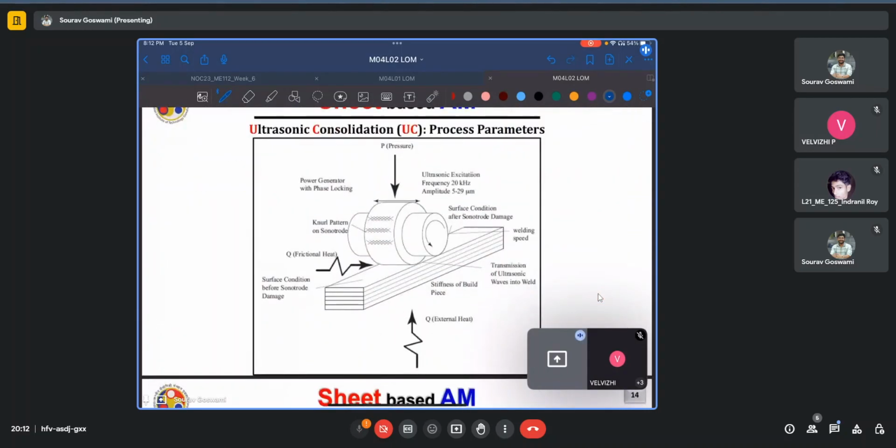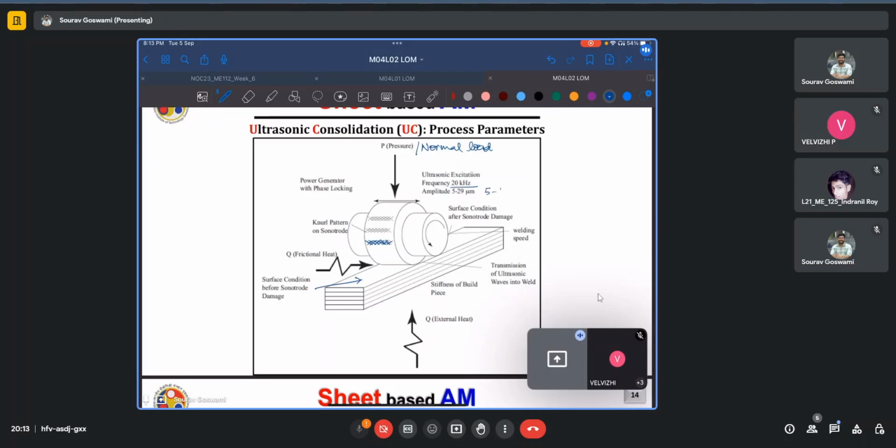So here we see the schematic of the ultrasonic consolidation process. The surface is knurled to provide a texture and prevent any relative motion between the sonotrode and the top layer. Also, a normal load or pressure is applied. The excitation frequency is typically 20 kilohertz.